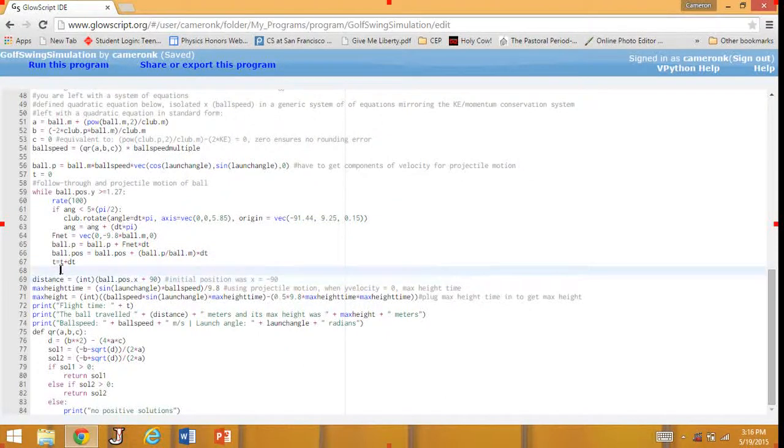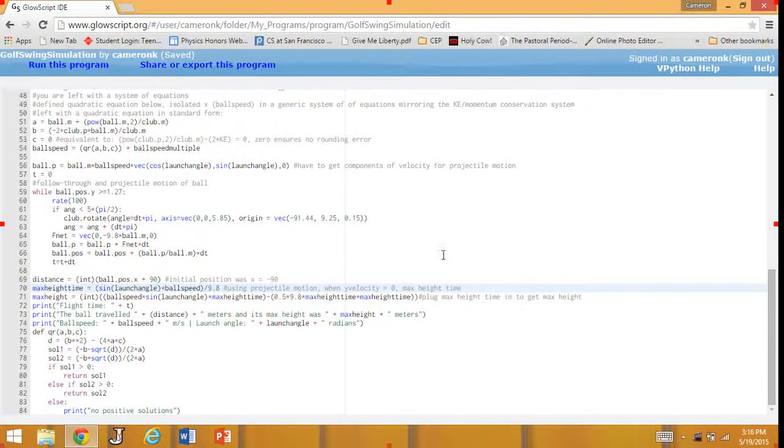And so after the loop is over, once the ball has landed on the ground, I calculate distance, which is just the current position of the ball after it hits the ground, plus 90 because the initial x position was negative 90. And I find the max height time because using projectile motion equations, when the y velocity is 0, you get the max height time.